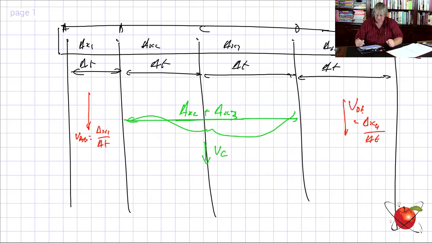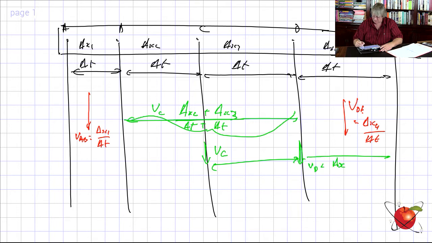And the total time is going to be delta T plus delta T. That gives us V at C. Let's say they wanted V at D. We would go from there to there. V at D would be delta X3 plus delta X4 over delta T plus delta T.